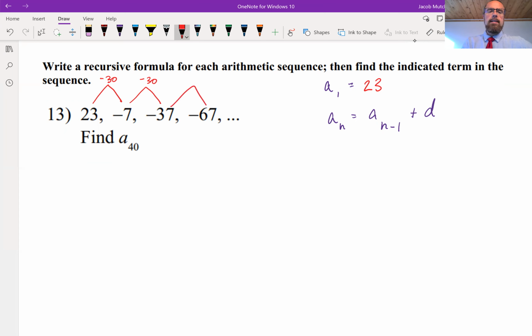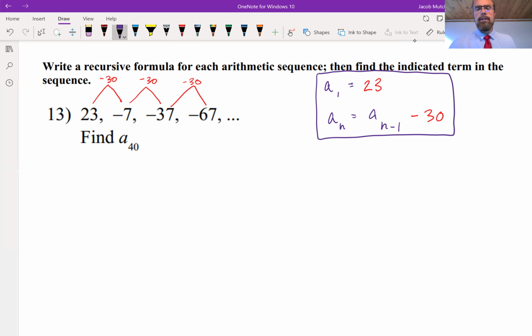And negative 67 minus negative 37, again, negative 30. So that common difference is clearly negative 30. And there's my recursive formula. It's going to be a sub 1 is 23, and then a sub n is the previous term, a sub n minus 1 minus 30.